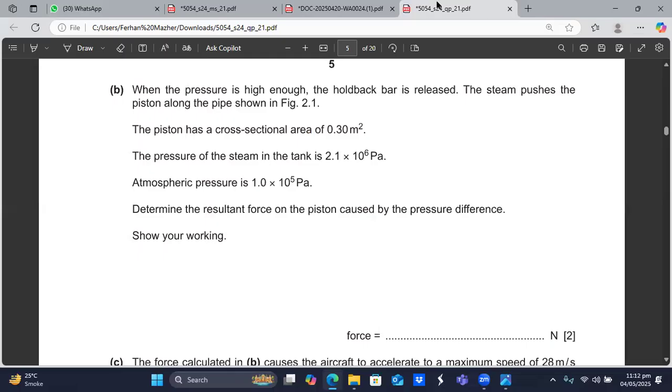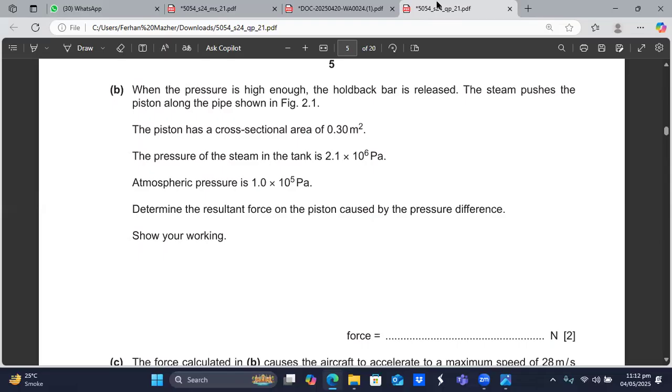The pressure of the steam in the tank is 2.1 × 10^6 Pascal. Atmospheric pressure is 1 × 10^5 Pascal. Determine the resultant force on the piston caused by the pressure difference. Show your working. Okay, so the pressure of the steam is 2.1 × 10^6 Pascal.